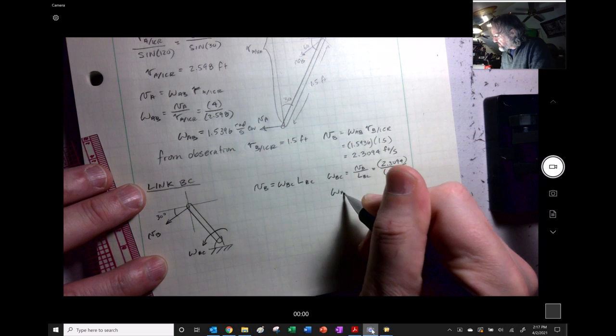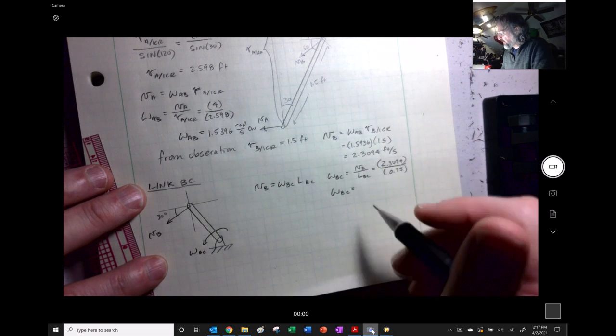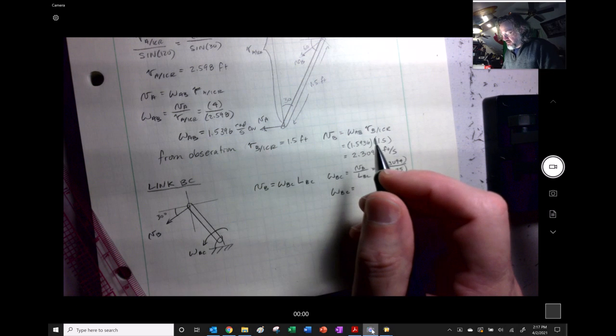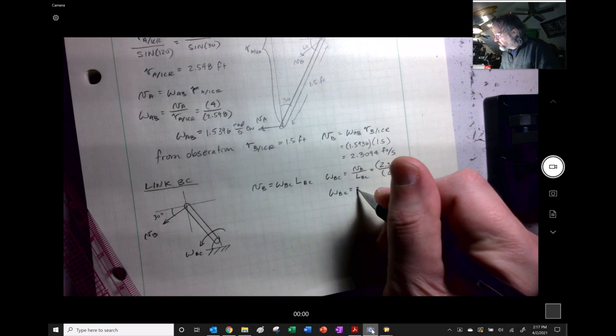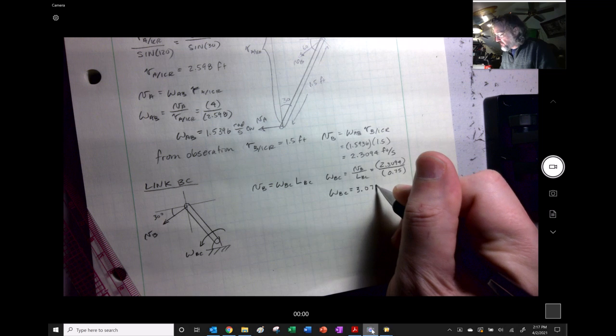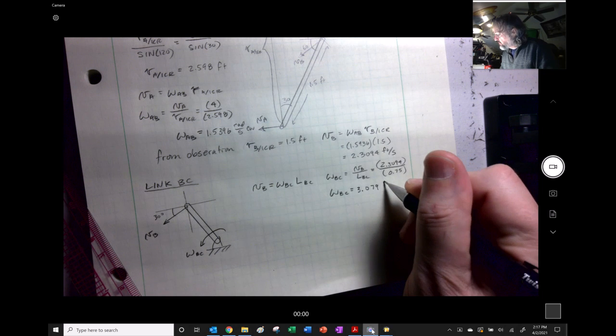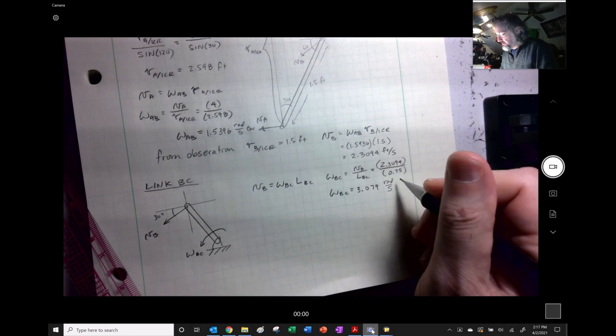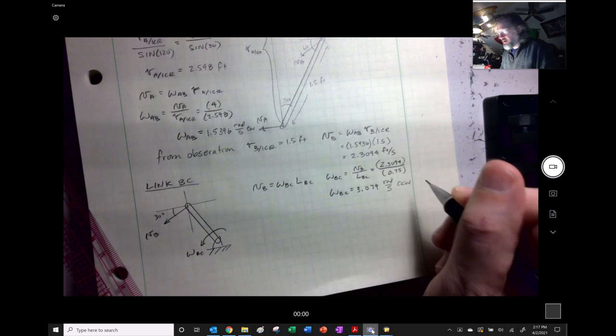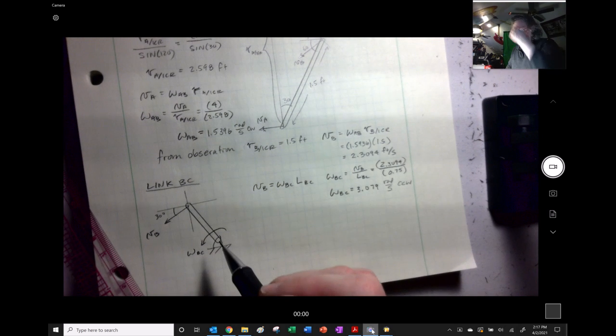So omega BC, which is one of the things that we were setting out to get, is going to be 3.079 radians per second, and we note that that's going to be counterclockwise right here.